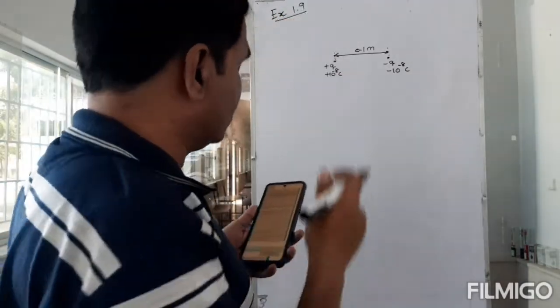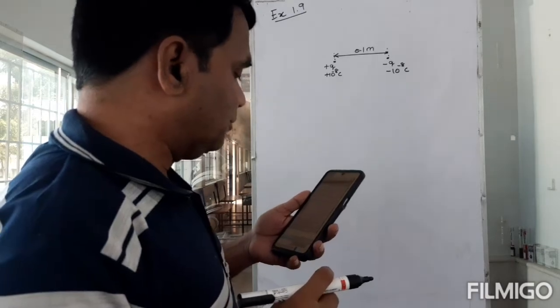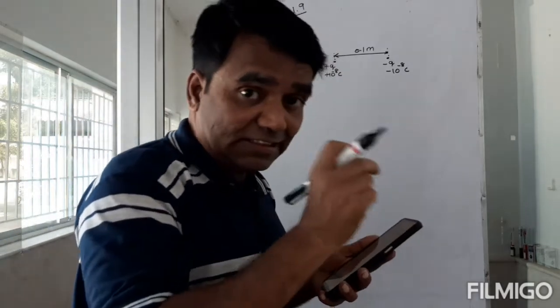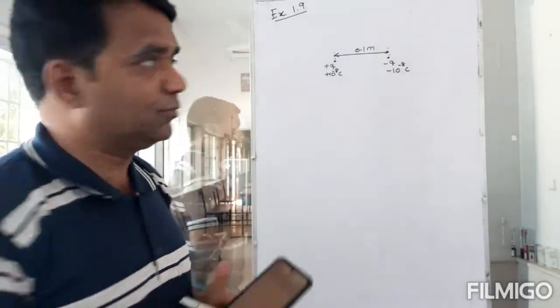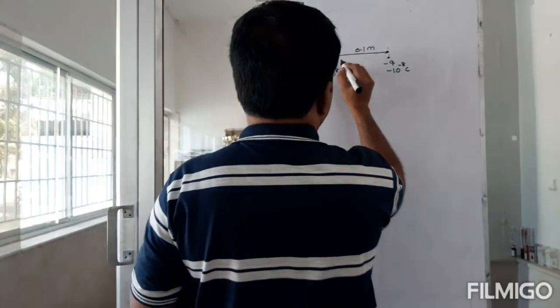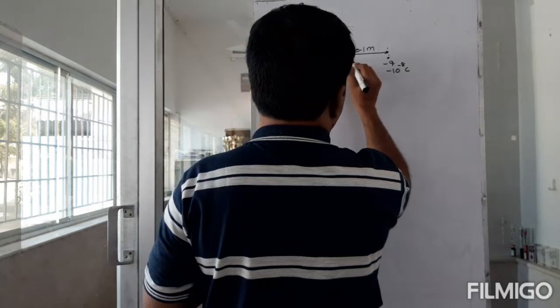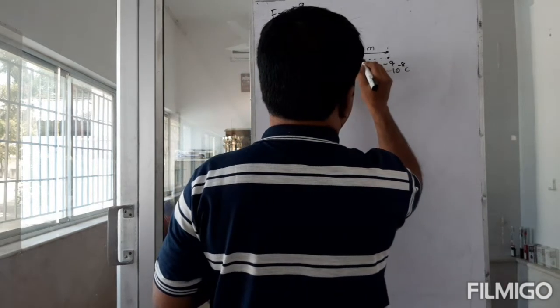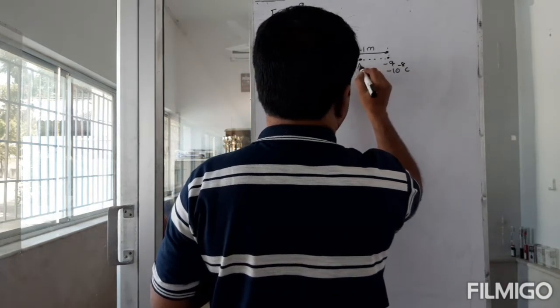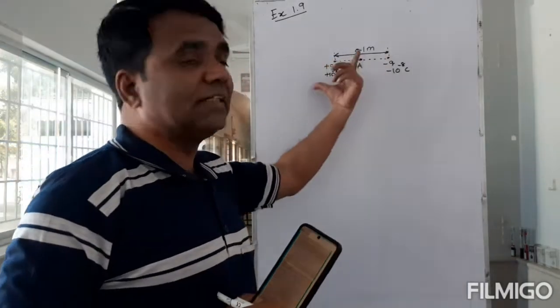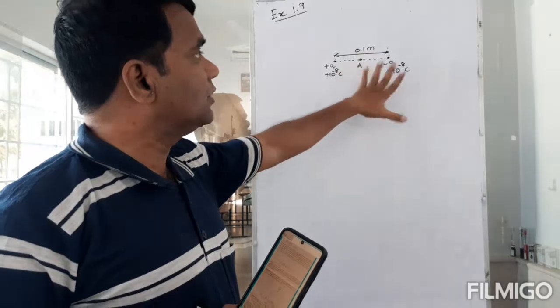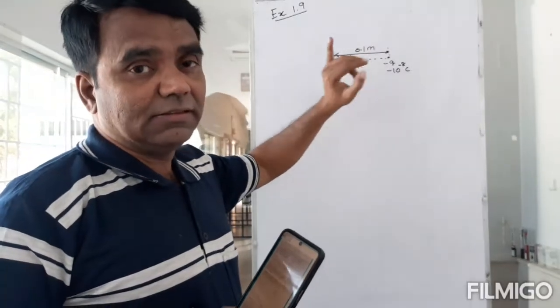Now, they want you to find the electric field intensity E due to these 2 charges at 3 places. One is at the very center. At the very center, so this is called A. This position is called A. And what is the electric field intensity due to these 2 charges at A?